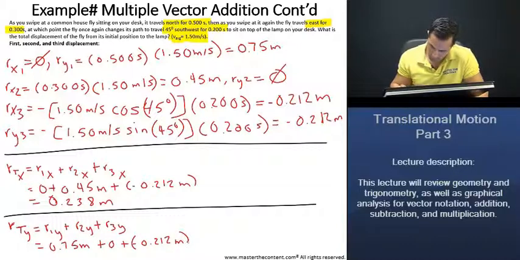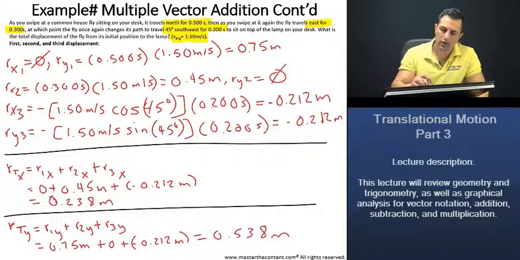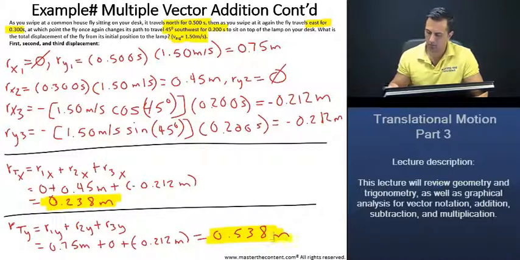And that gave us a value of 0.538 meters. So there we are. We have now our x and y components of our vector.